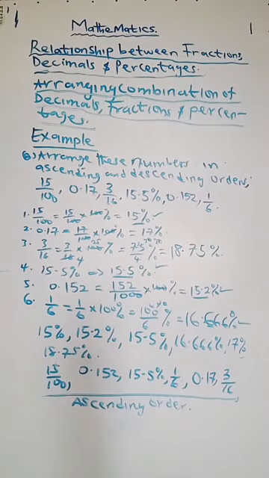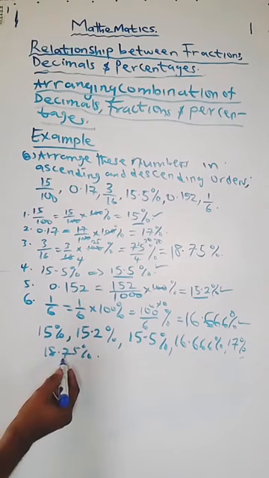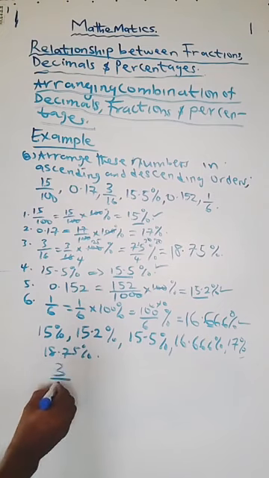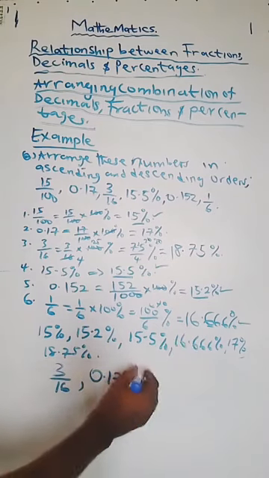Let's see how we can arrange them in descending order. In descending order, that is from the biggest to the smallest. The biggest is 18.75. Which number has 18.75? That is 3 over 16. We write that one first. Which number has 17? That is 0.17. Then 16.666. Which number has that one? 1 over 6.